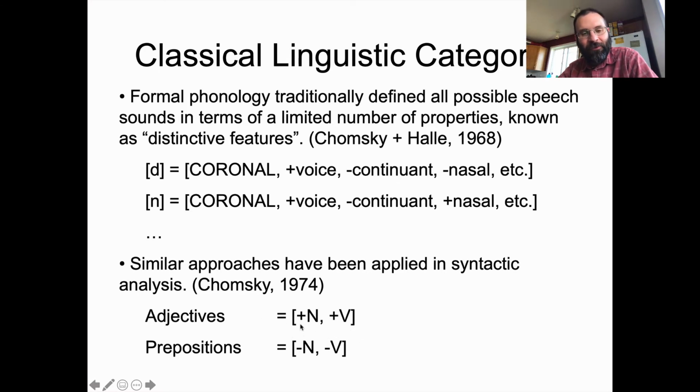But an adjective was supposed to be plus N and plus V. A noun would be plus N minus V. A verb would be plus V minus N. And then prepositions, weirdly, were minus N minus V. This was just a historical curiosity when I learned about it, and I didn't think about it any further. But then I learned many years later that Betsy Ritter, our esteemed syntax professor, has done a lot of work on these sorts of features in syntax. So you can keep going with this and applying this classical model to the way that language works.